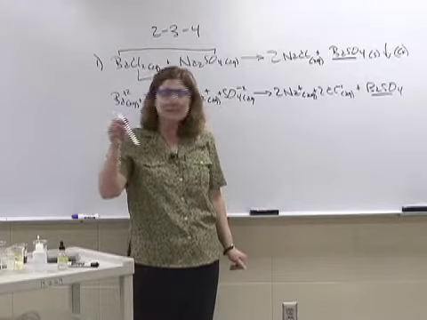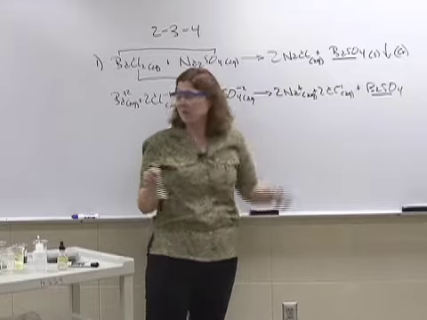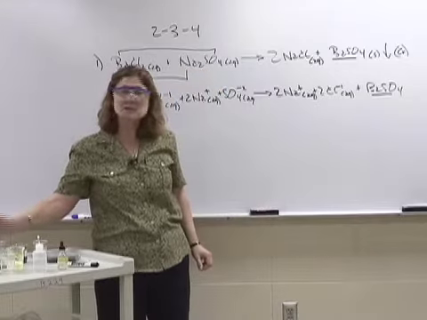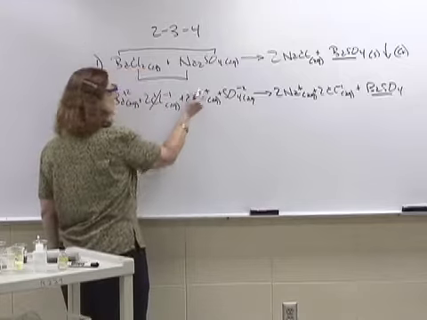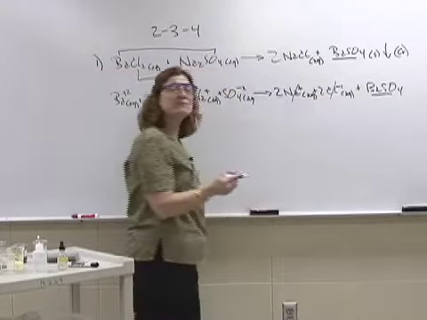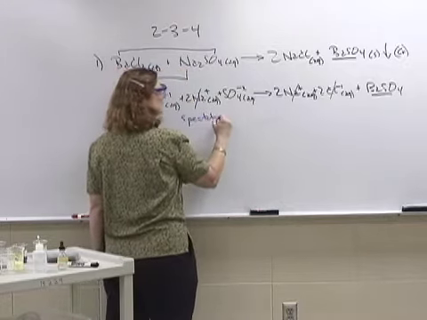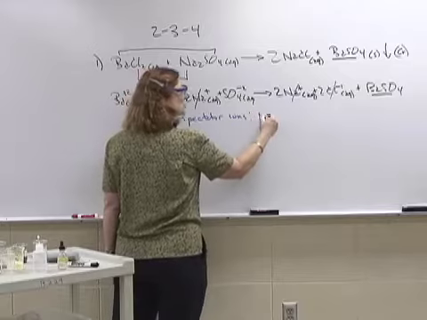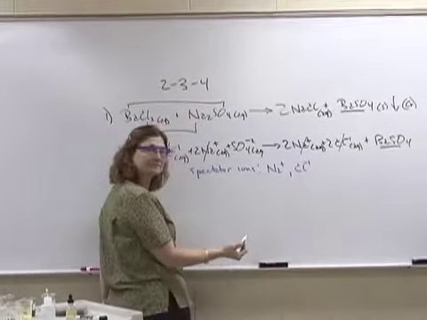And floating around in the liquid are my sodium and chloride ions. My sodium and chloride ions are my spectator ions. And they are not doing anything in this reaction, therefore I can remove them from the reaction. My spectator ions are sodium ions and chloride ions.